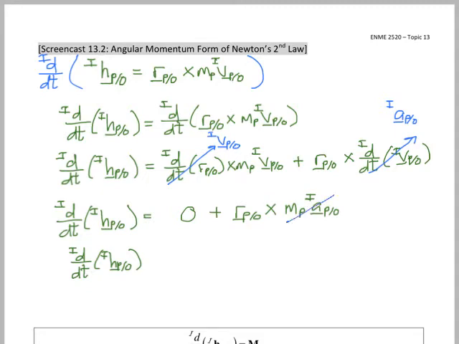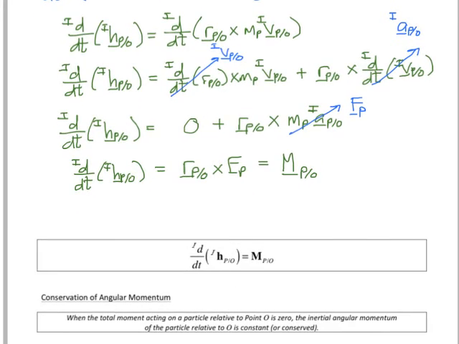So mass times acceleration is equal to the sum of the forces on point P. Now we have r of P with respect to O crossed with the sum of forces on point P, which you should recognize. This is equal to the moment due to all the forces on point P with respect to point O, or about point O.